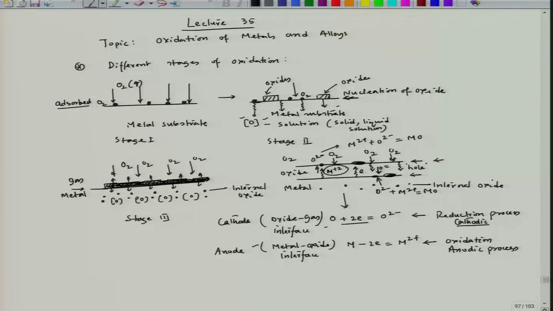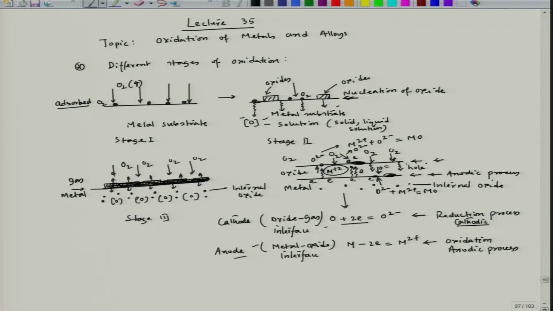Now, at the same time, this anodic process happens at this interface. So, that means electrons are left here. These electrons can flow to the other surface and reach here, where they accept these 2 electrons and form O2 minus.